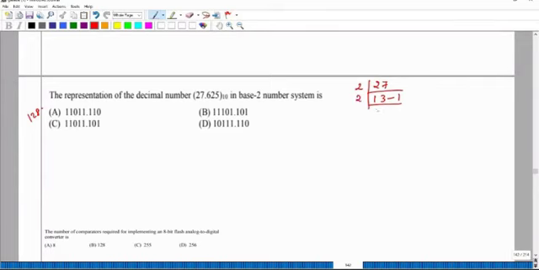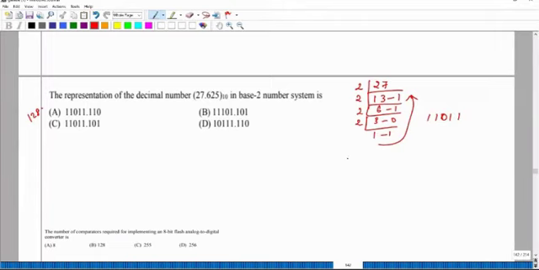Next 6, 6 into 2 is 12, remainder 1. So 3 into 2 is 6, remainder 0. 1 into 2 is 2, remainder 1. So the answer, you have to write in this way: 1 1 0 1 1.